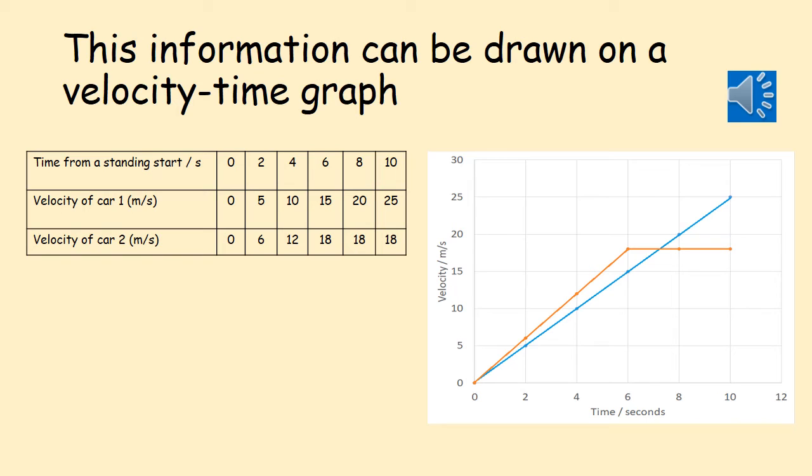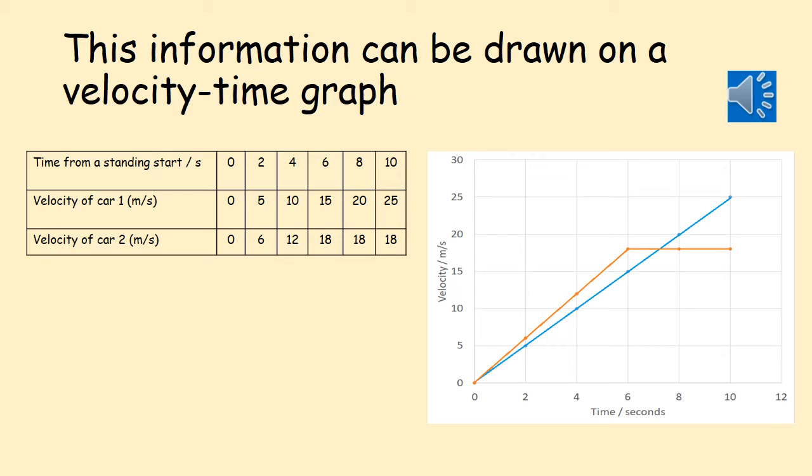Now if we apply our formula, which is the change of velocity divided by the time taken, so if we take that car between any of those 2 second intervals, the velocity is changing by 5. So the velocity change 5, the time taken 2, 5 divided by 2 gives you 2.5 meters per second squared.